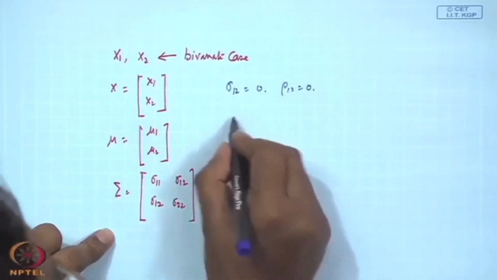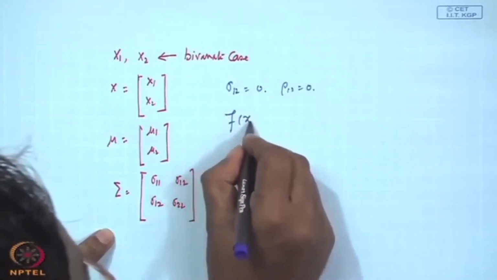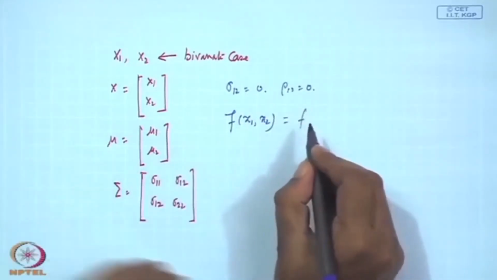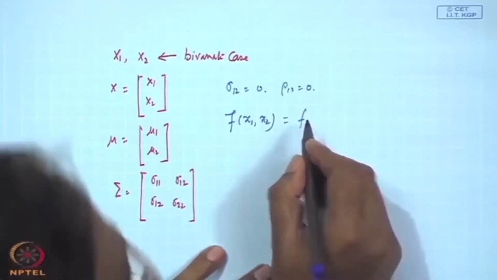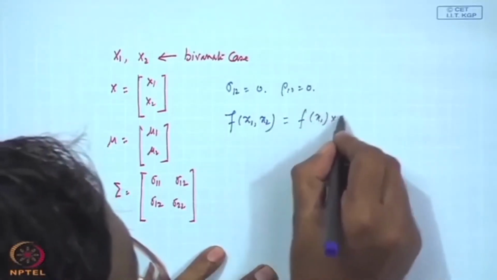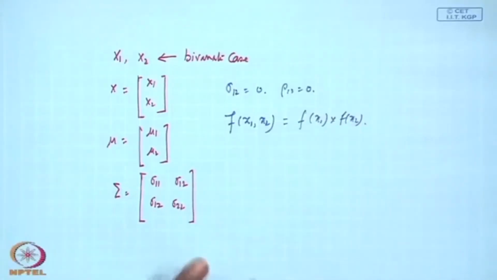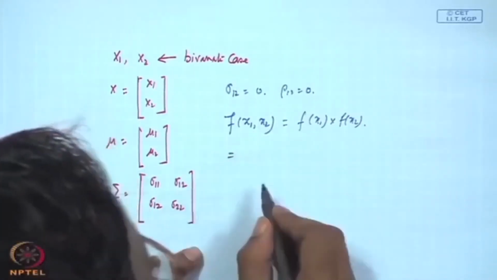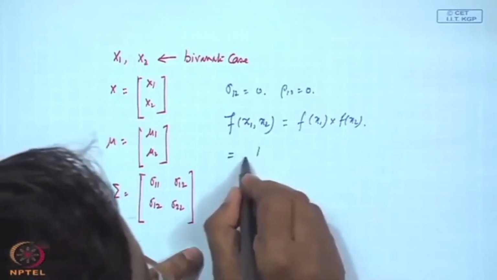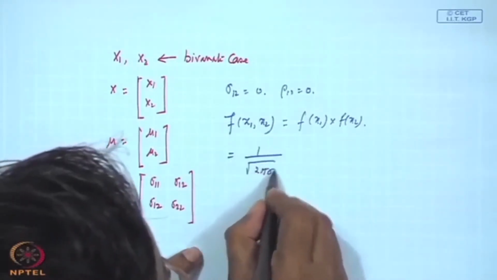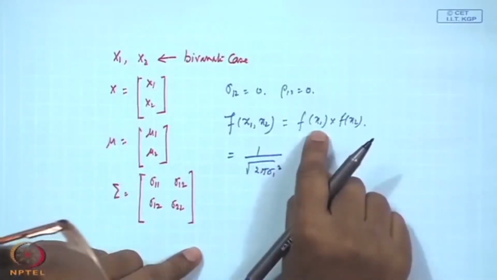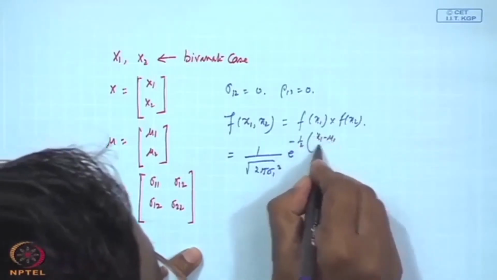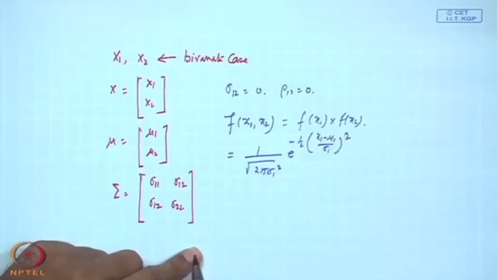If there is no correlation, then what will be the joint density? Suppose x1 and x2, it is the multiplication of the marginal densities of the two. Now, all of us know that f of x1 equals 1 by root over 2 pi sigma 1 square, e to the power minus half of x1 minus mu 1 by sigma 1, whole square.